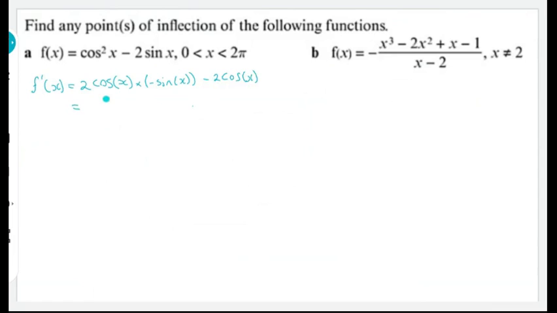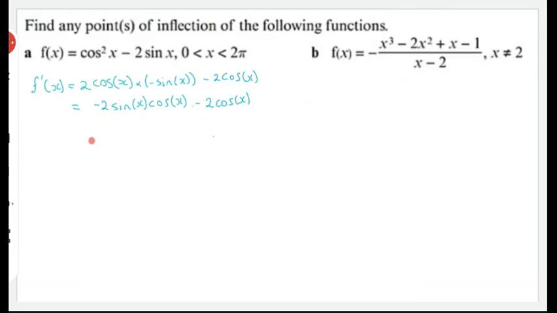So that just simplifies to minus 2 sine x cos x minus 2 cos x. So that's the first derivative.